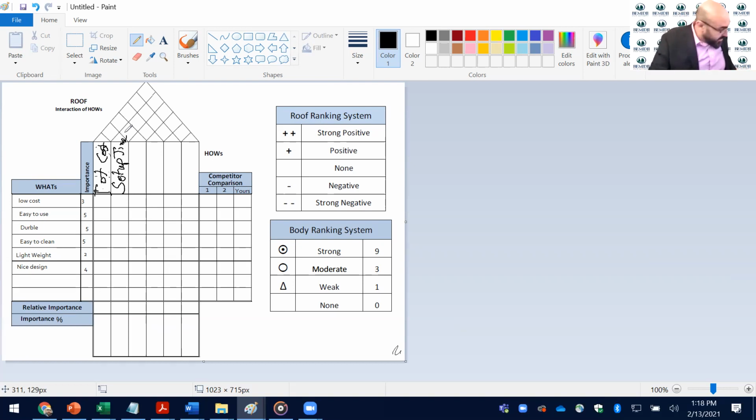We got that. Durable, their reliability can be measured by... just to make it clear, I'm going to make this reliable. I know durable could be different than reliable, so to avoid any confusion, I'm going to change this to reliable.